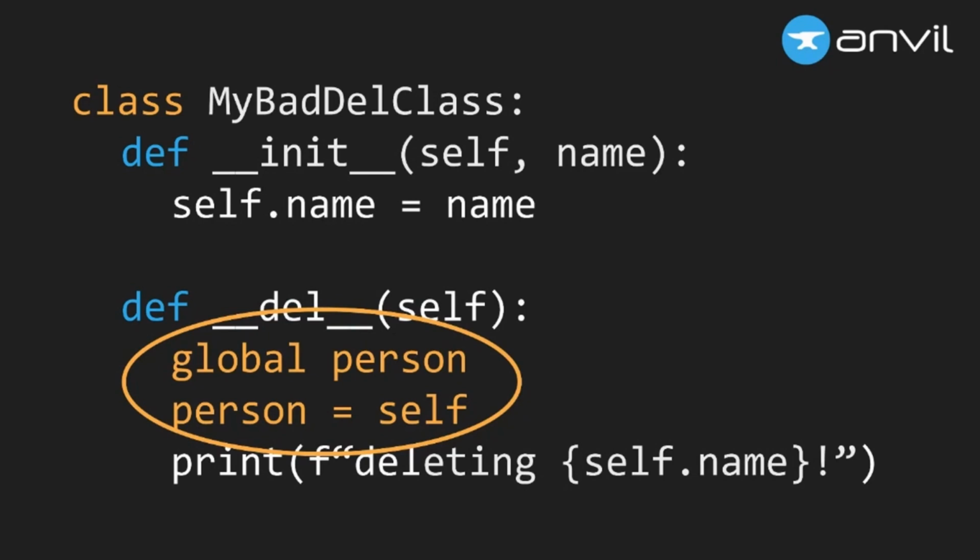In its del method, it creates a new global variable called person, and then assigns the object that is in the process of being deleted to that person object. It's creating a new pointer in the global namespace and assigning itself to it. And then it'll print the statement that we had before.